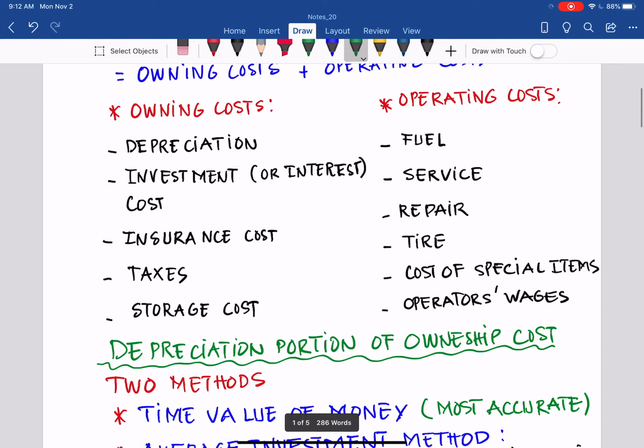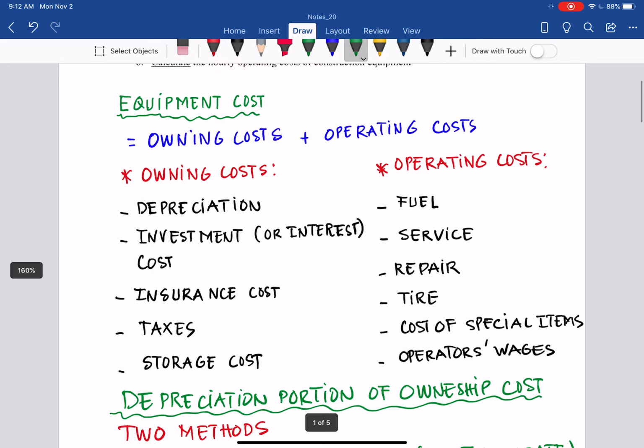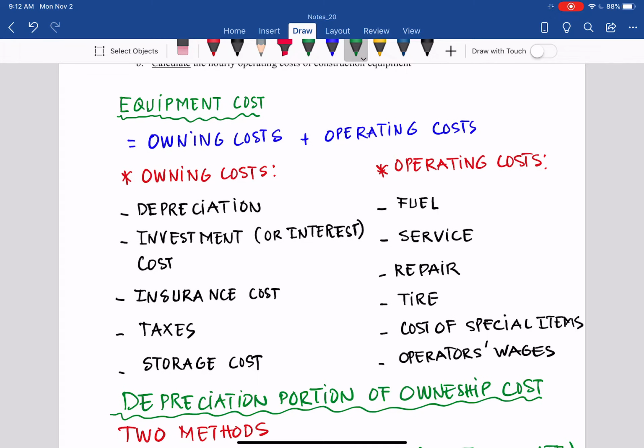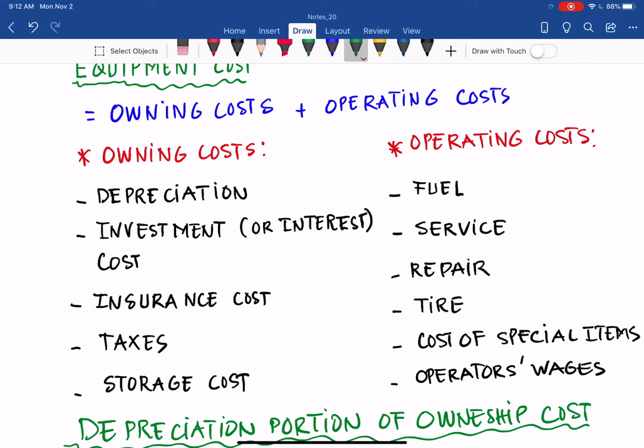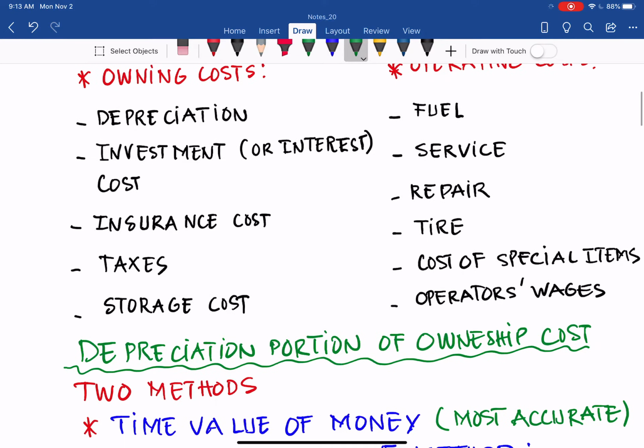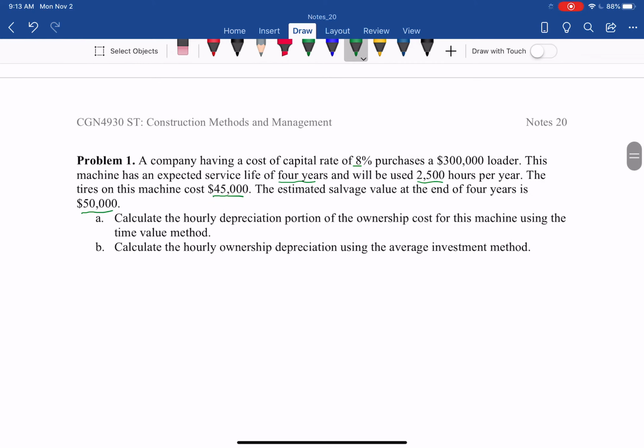As you can see here, from the first lesson videos of today's class, you have the operating costs, which include the tire. Even though you buy the machine including the tire, the tire should be subtracted from the owning costs. So what we do here is take the purchase price of the loader and then subtract the tire.